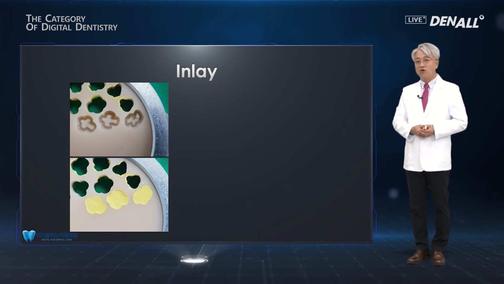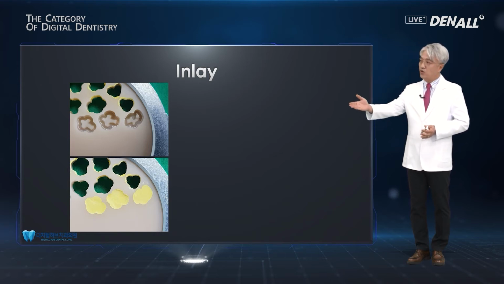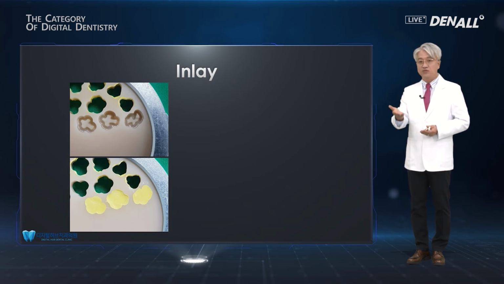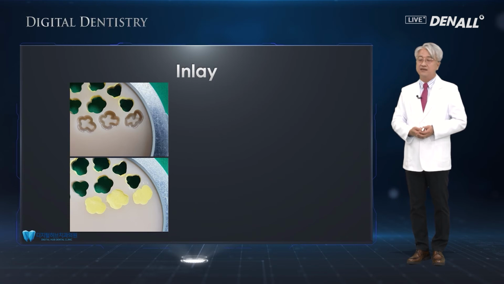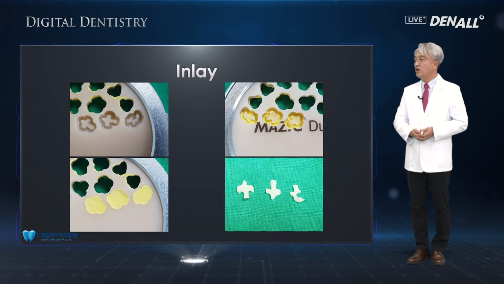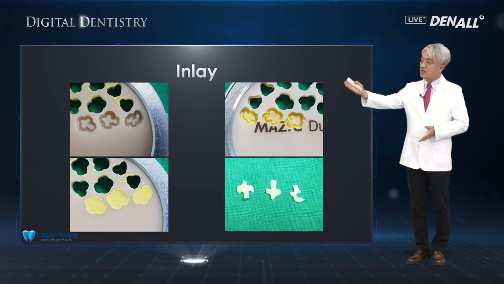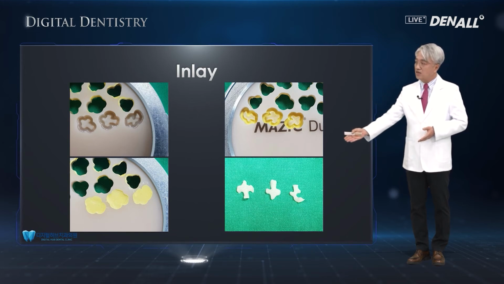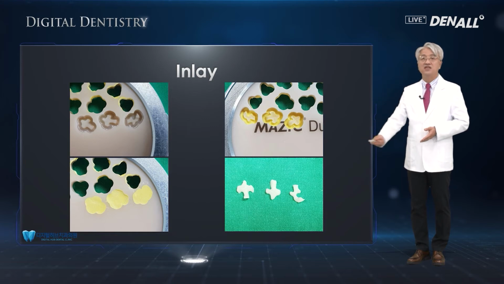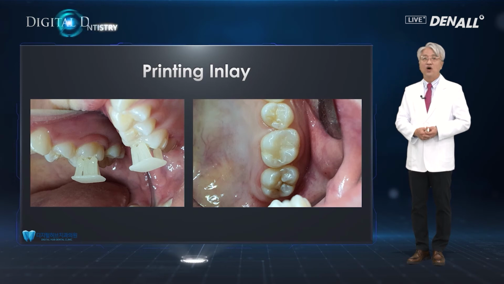So first I cut the occlusal surface, the upper side, and then I use the stone for submerging it and cut the other side. So it's a two-step process that I do in milling, and with that, without support or screw, this inlay can be made and sent to the patient. So this is my preferred way of milling.